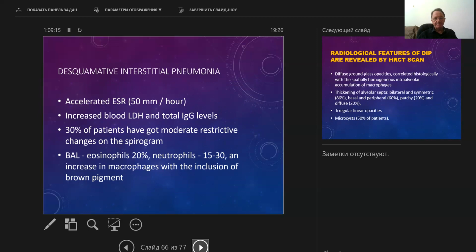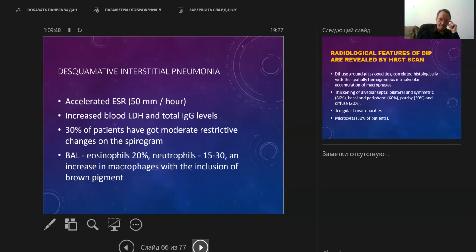In DIP, you can find accelerated erythrocyte sedimentation rate up to 50 mm per hour, increased blood lactate dehydrogenase and total immunoglobulin G level. 30% of patients have moderate restrictive changes on spirography.